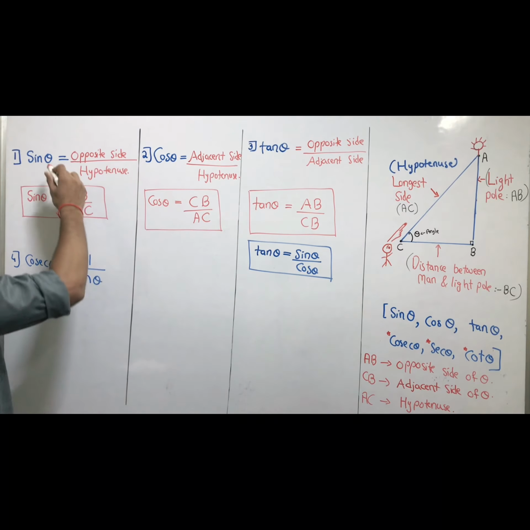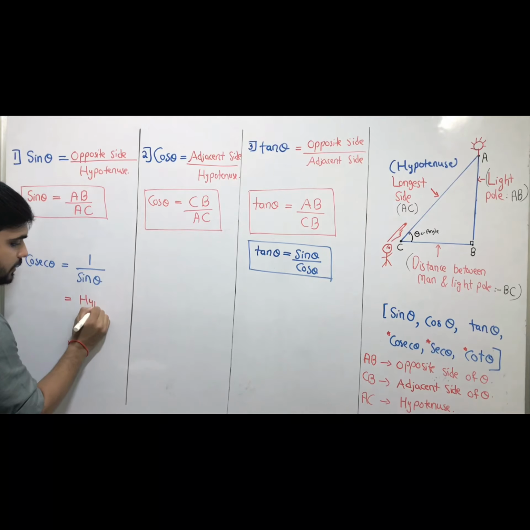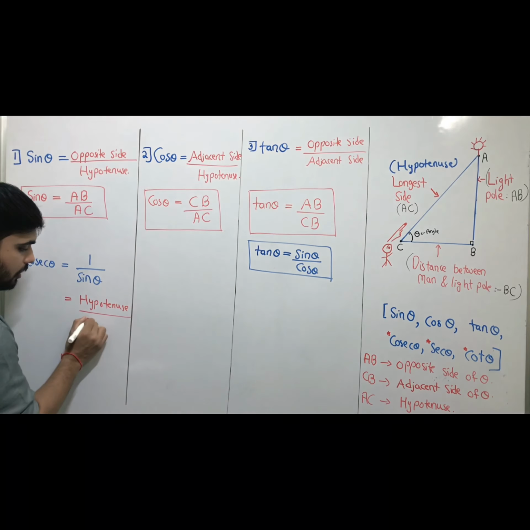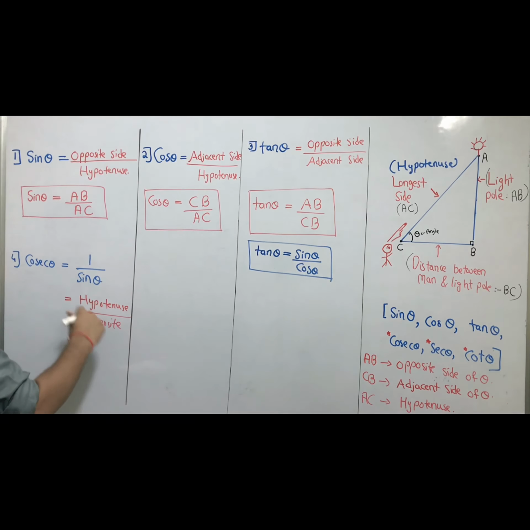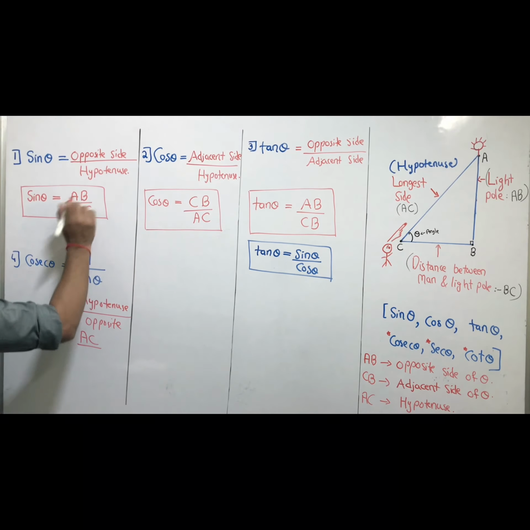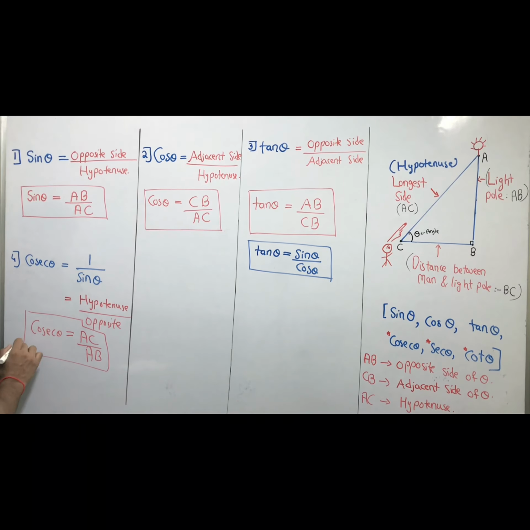As we all know that sin theta is opposite upon hypotenuse. So cosec will be hypotenuse upon opposite side. Exactly reciprocal of this. So it will be AC upon AB. So we got cosec theta is AC upon AB.